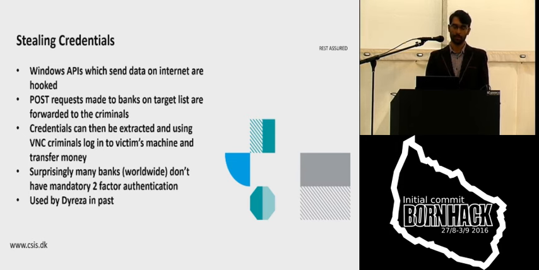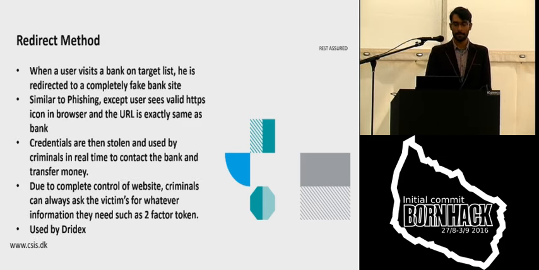So in order to stop these kinds of problems, they use the VNC module that we talked about a little while ago, and log into the victim's machine and use the victim's browser to log into his own bank account and transfer money. This way it's pretty hard for the bank to actually know if it was a criminal or the guy himself who did it.